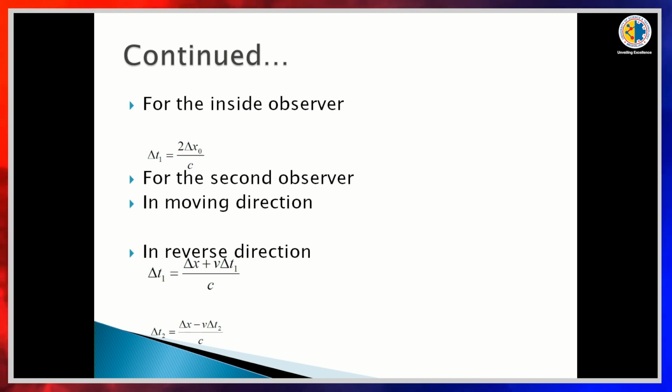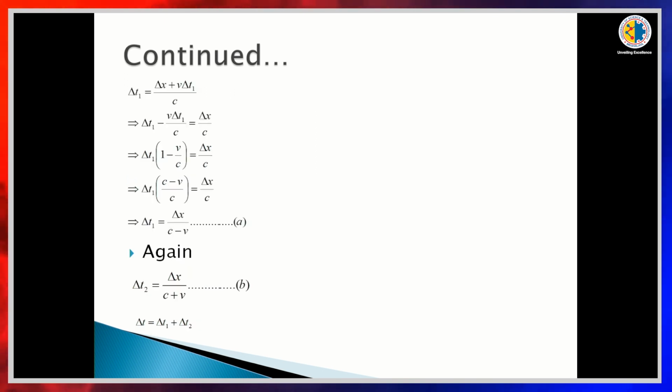So, for the time from the initial point to the mirror we get delta T1, and then from the mirror to the initial point, in the case of the moving frame, we get delta x minus v delta T2 divided by c. Now, delta T1 is equal to delta x plus v delta T1 divided by c. This implies delta T1 minus v delta T1 divided by c is equal to delta x by c.